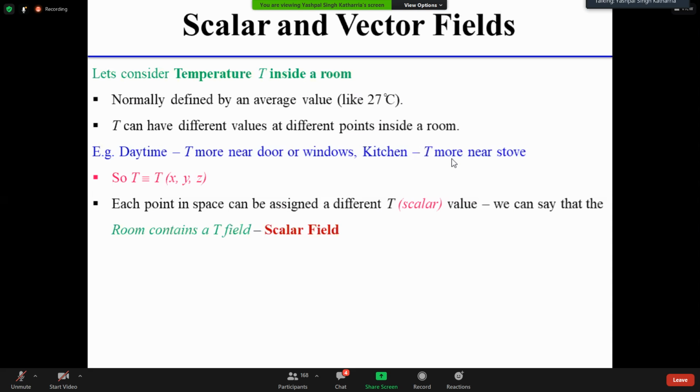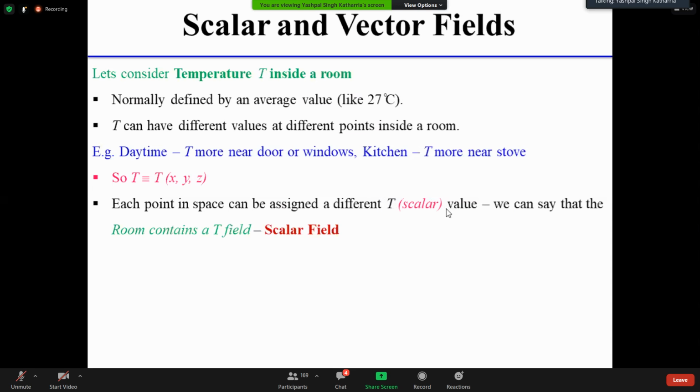So in that case, we can say that this temperature can be defined as a function of x, y, and z. Okay, x, y, and z are arguments, which simply means the coordinates of any point. So inside a room, each point in space can be assigned a different temperature value.